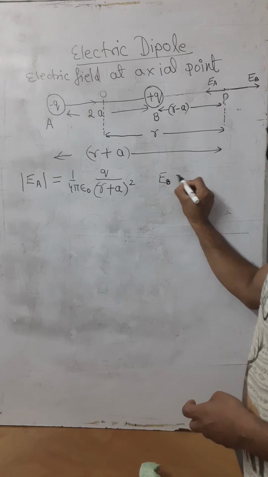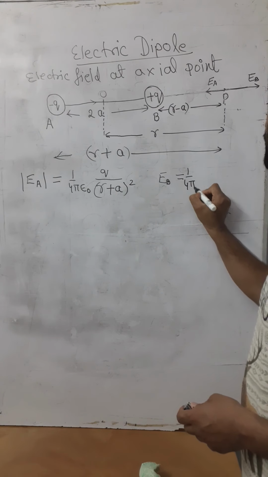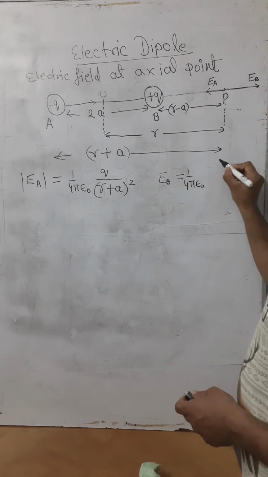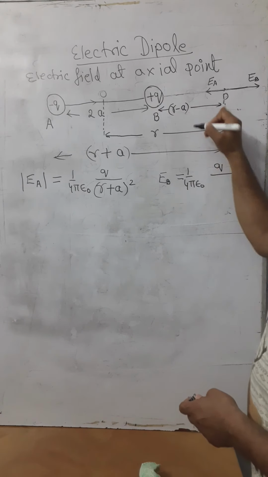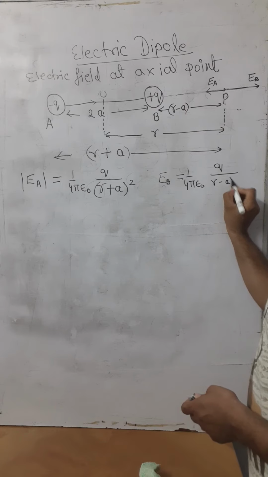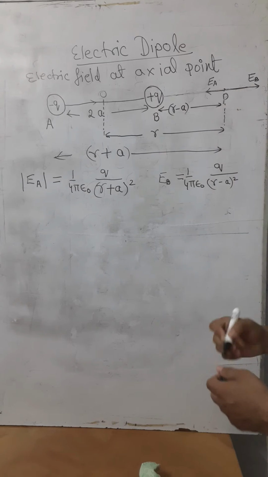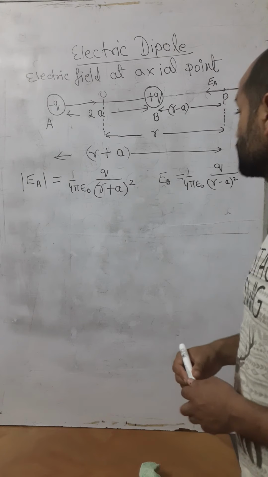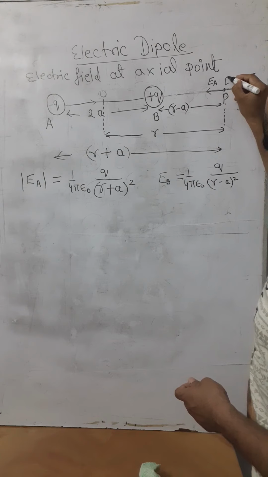So EB is equal to 1 by 4 pi epsilon naught Q upon (R minus A) whole square. So EA and EB we have taken out, but we have to take out the net electric field E here.